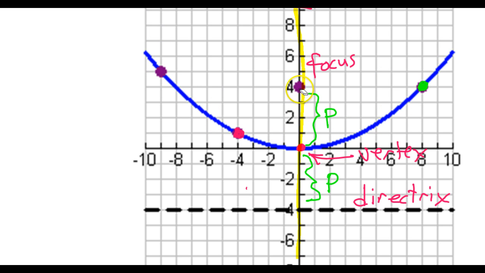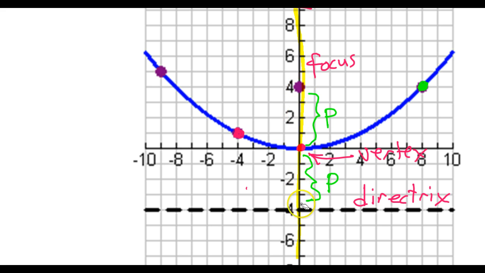If you measured the distance from the focus to the parabola, and then an equal distance from the parabola to the line called the directrix, those two distances would be the same. For example, this distance is p and this distance is also p.